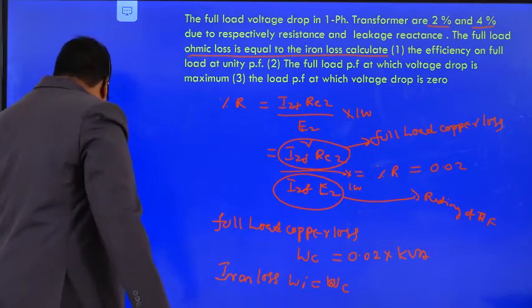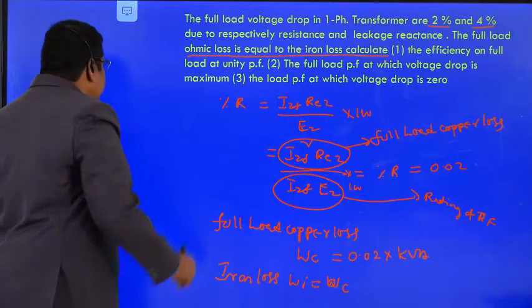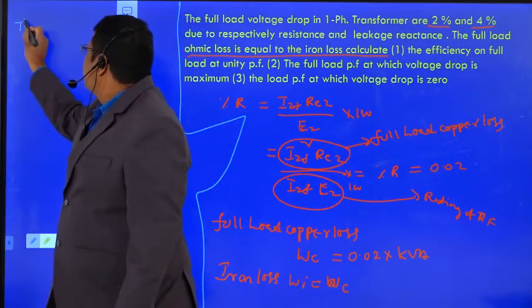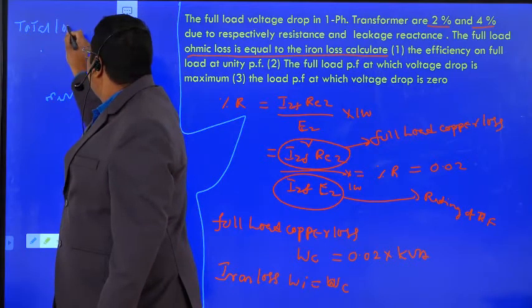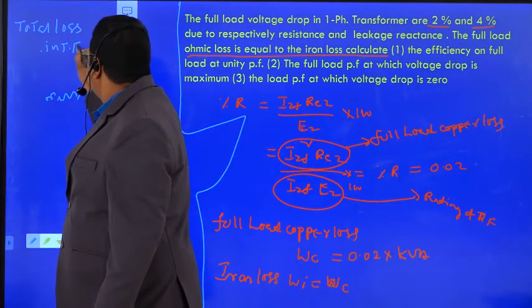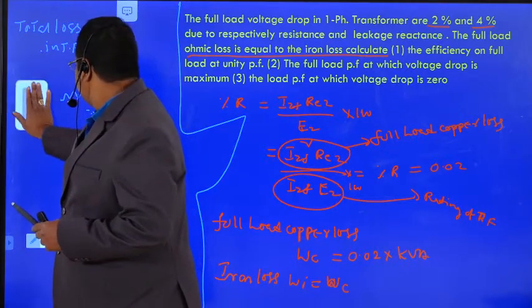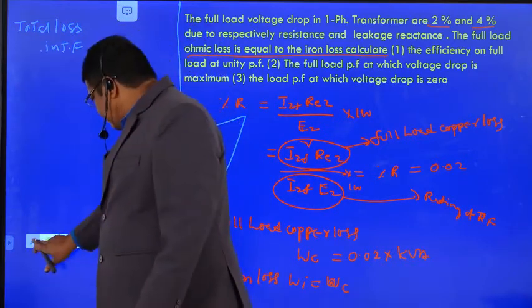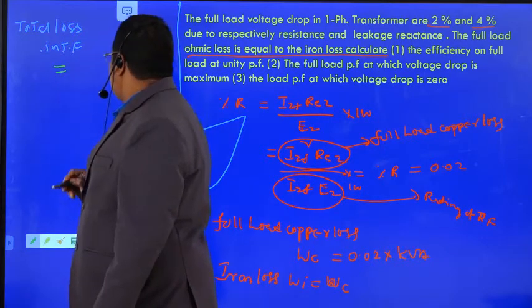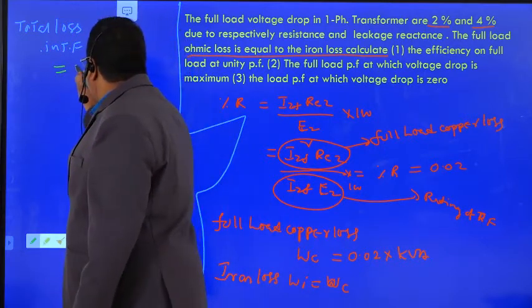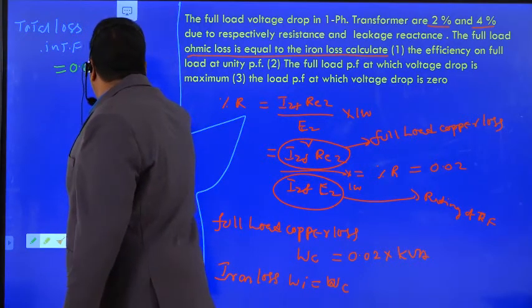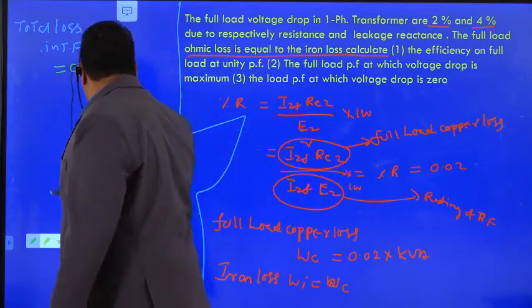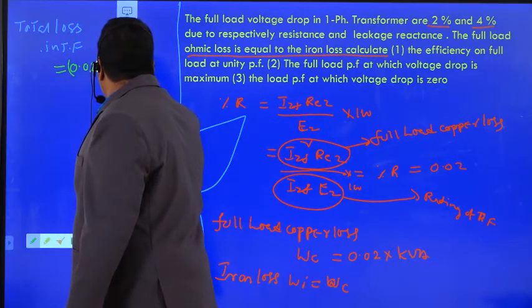So the total losses in a transformer are equal to the full load copper loss, that is 0.02 into the kVA rating of the transformer, plus WC, nothing but two times.